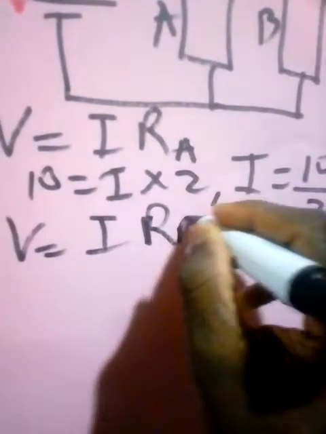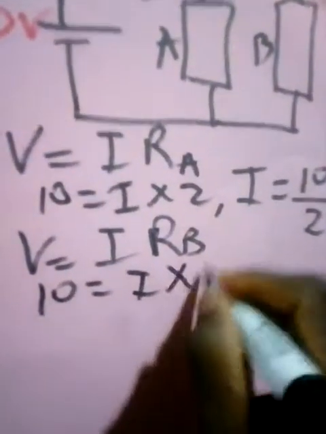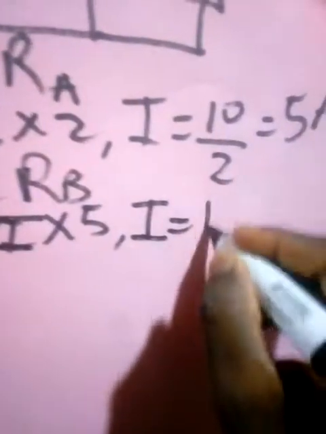Now the current through B will be given by I R_B. That gives me 10 is equal to I times 5, so my I is 10 divided by 5, which is equal to 2 amps.